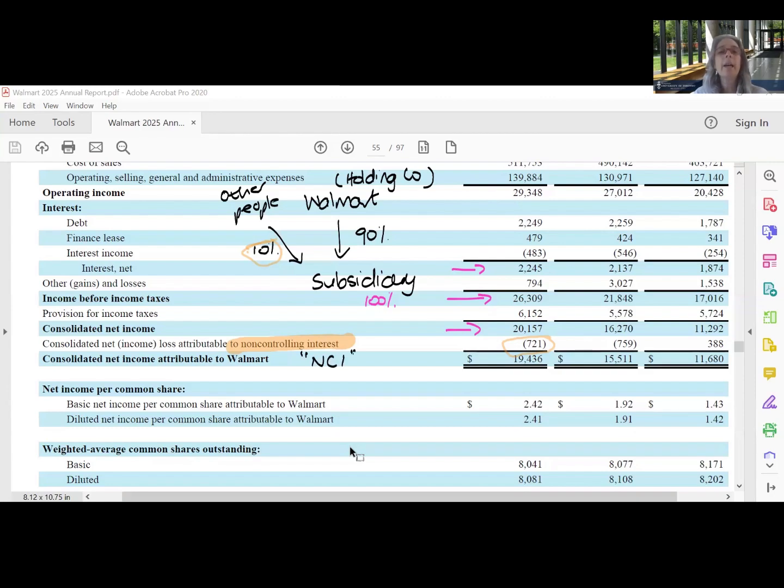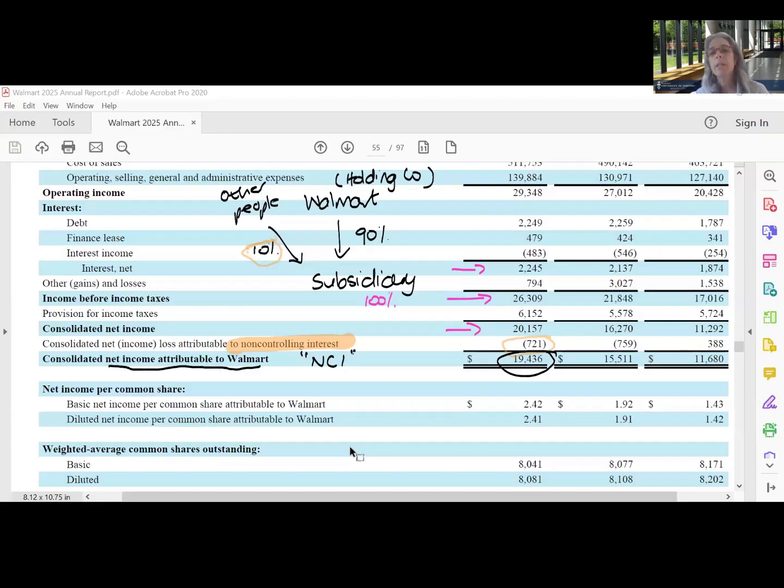So the income that we use when we're doing our ratios, you need to compare apples with apples. So if we are working with income after you've deducted the non-controlling interest, the other people, that's why they say here net income attributable to Walmart. If I'm using that income, then it's got to be matched with other items that are also net of the non-controlling interest.